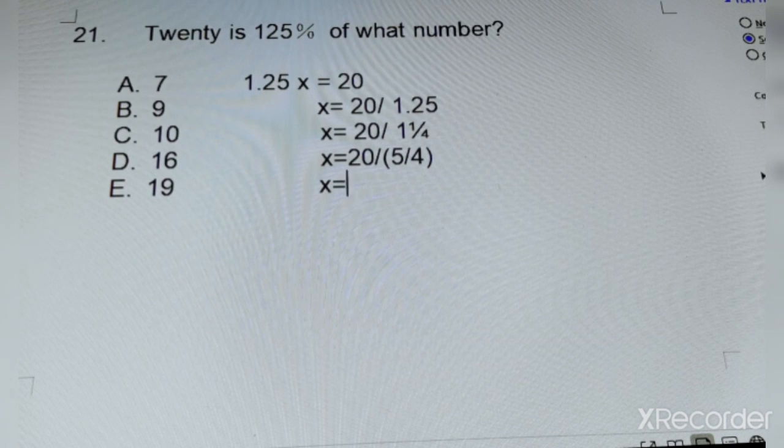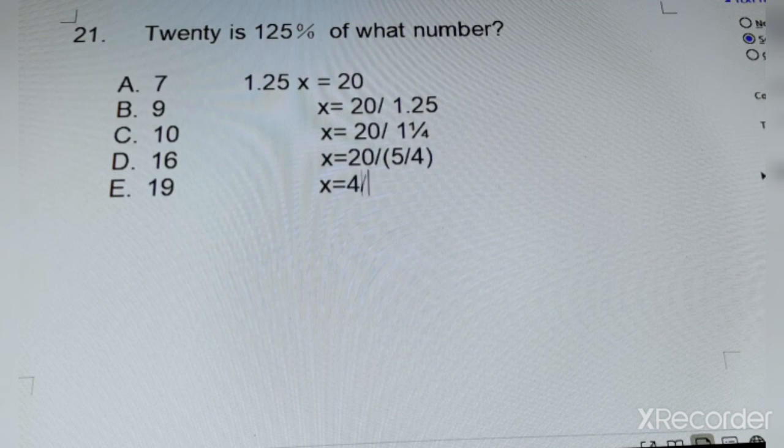So 20 divided by 5 is 4, and then 5 divided by 5 is 1 over 4.